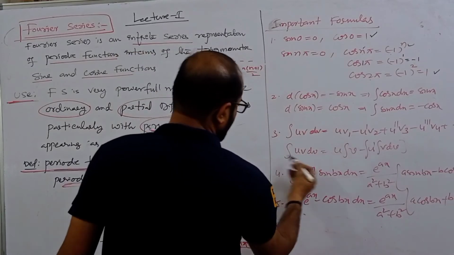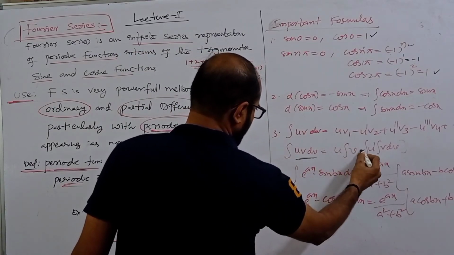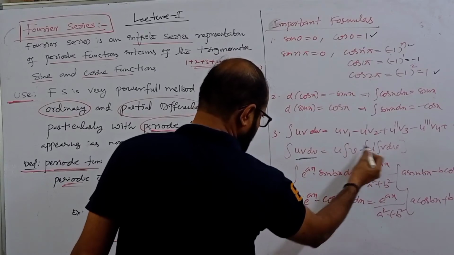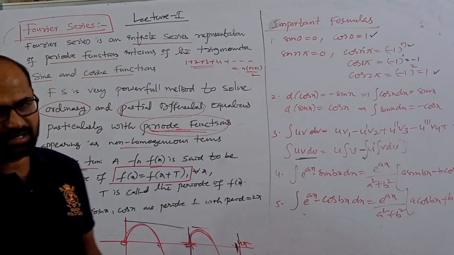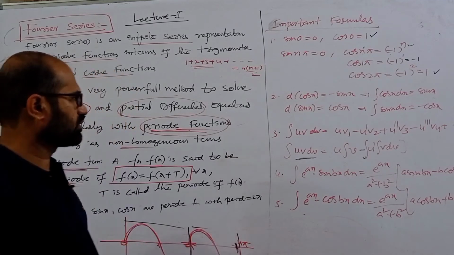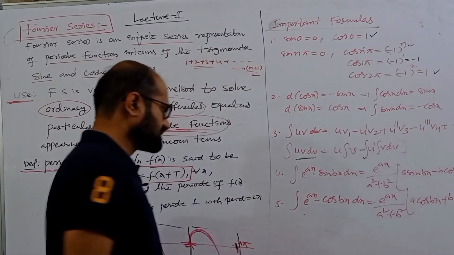Otherwise you can use this formula also: integral of u dv equals u times integral of v minus the integration of u dash times the integration of v dv, right?